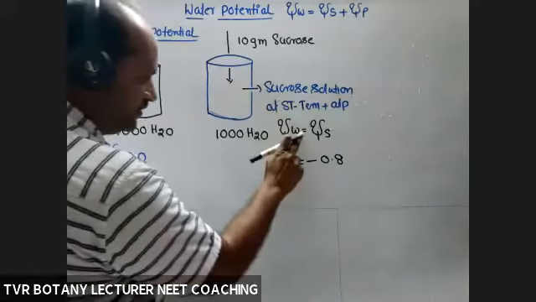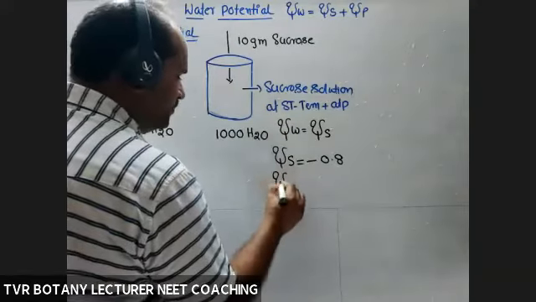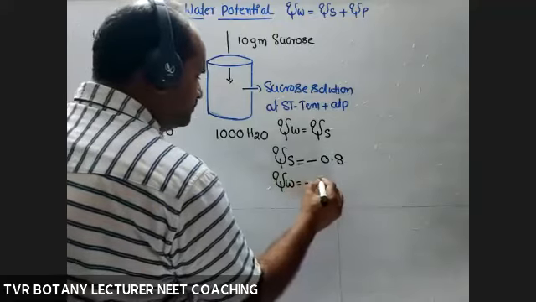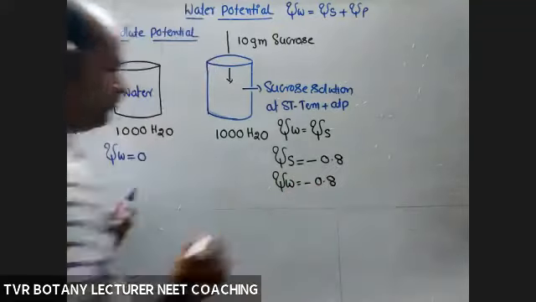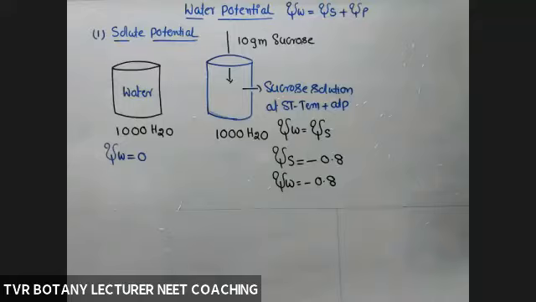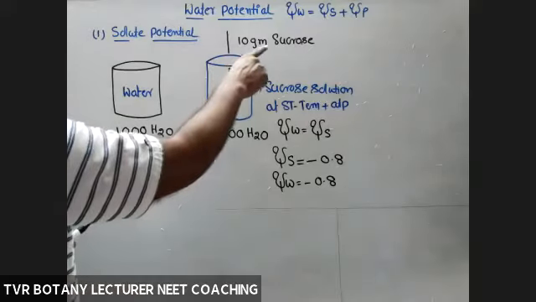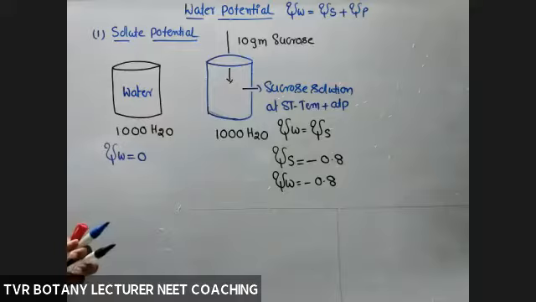So according to this equation, psi W is equal to minus 0.8. Solute potential means the quantity by which water potential changed due to the addition of sucrose.